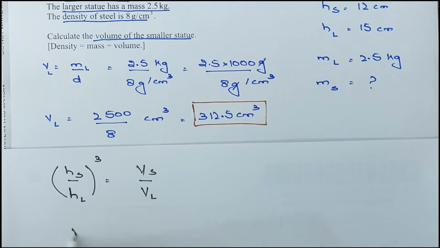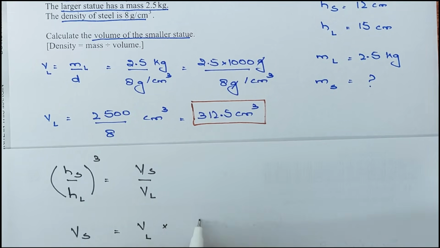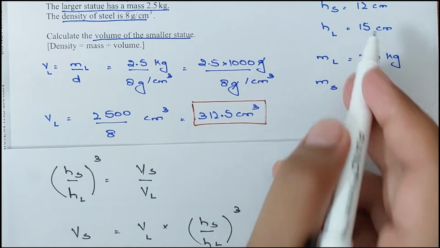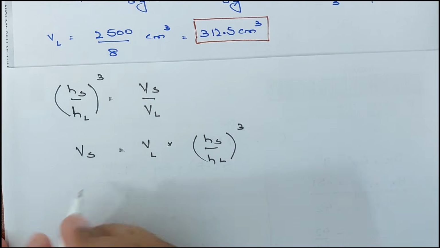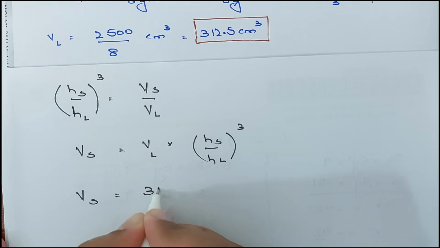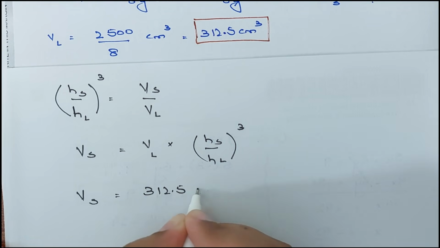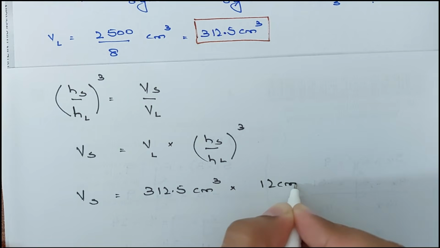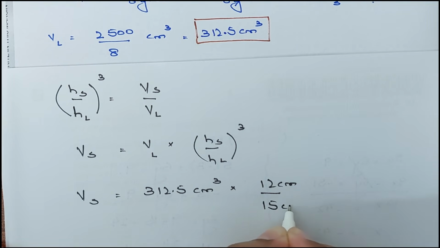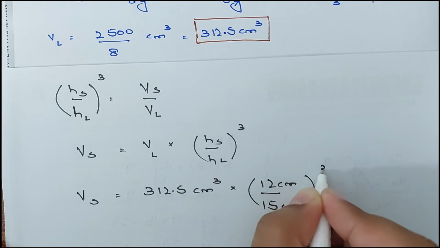So the volume of the smaller is the volume of the larger multiplied by the height of the smaller over the height of the larger, whole cube. The smaller is 12, the larger is 15, and the volume of the larger is 312.5. So the volume of the smaller statue is 312.5 centimeter cube multiplied by 12 centimeter over 15 centimeter, whole cube.